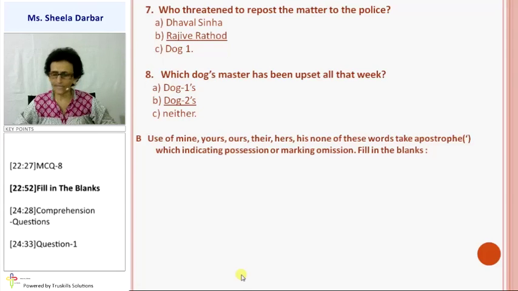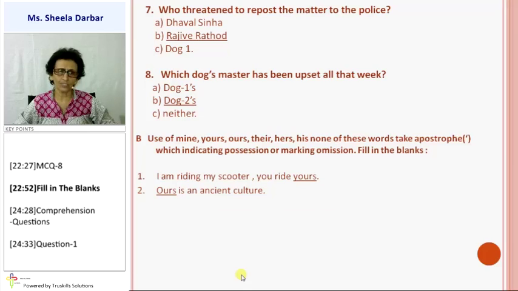Fill in the blanks. Now let us see the answers. First sentence coming your way. I am riding my scooter. You ride yours. Ours is an ancient culture. The players are tired, but their coach is not.